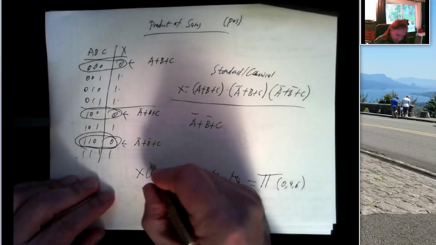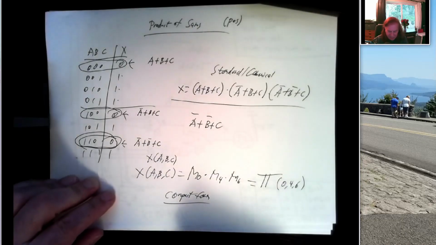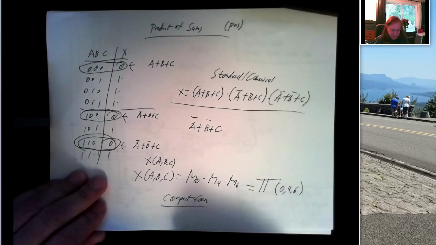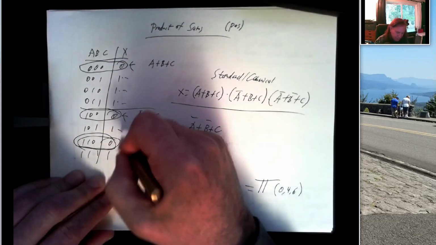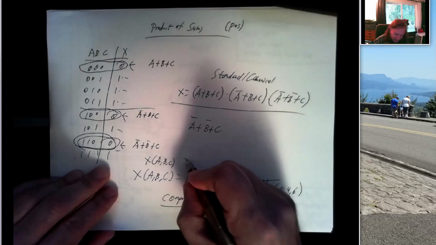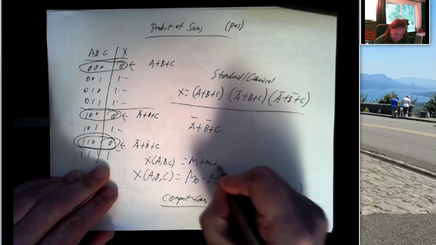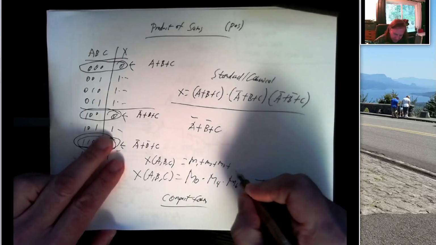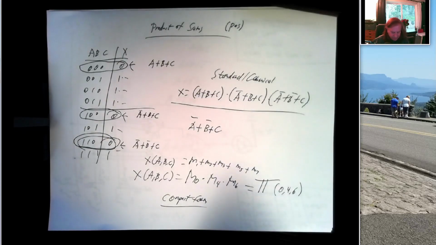For example, if I also look at X of A, B, C as a sum of products, I would look at the terms where there's a 1, and I would see that this was min term 1 plus min term 2 plus min term 3 plus min term 5 plus min term 7.